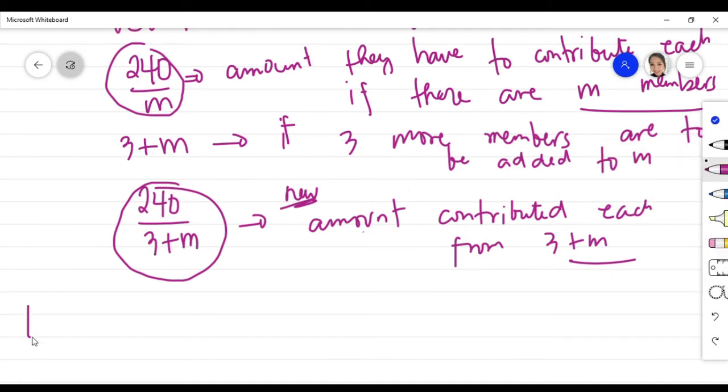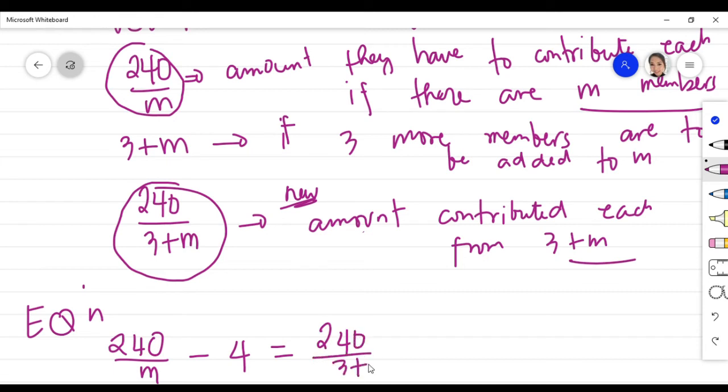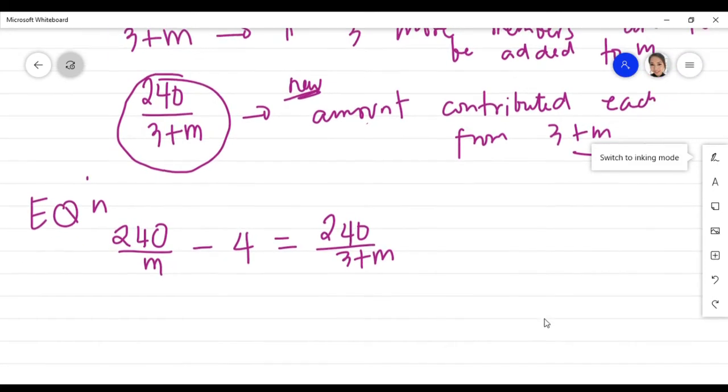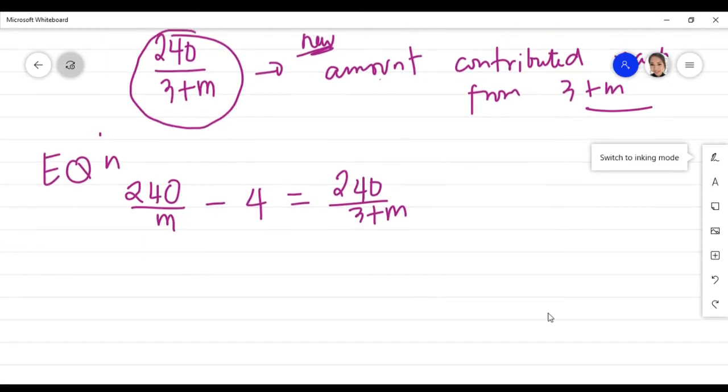So 240 over m minus 4 is the same as 240 over 3 plus m. That is our equation.